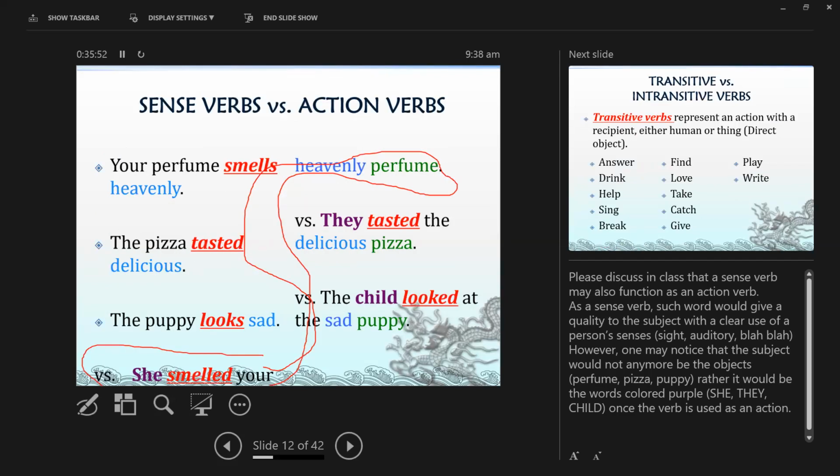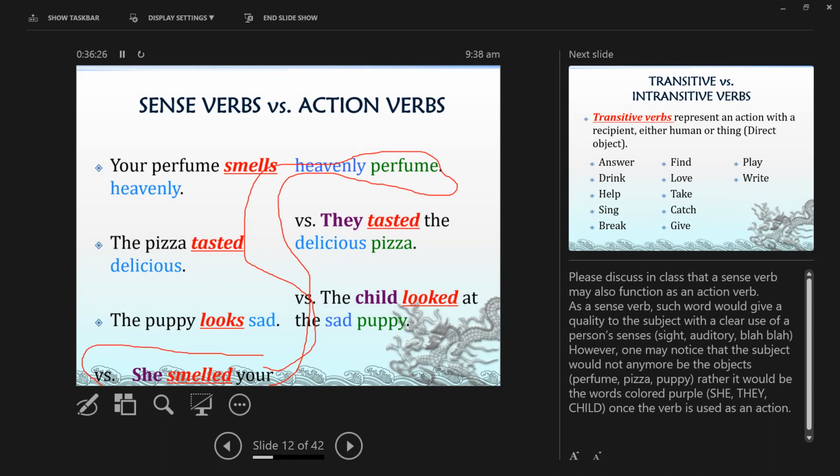My neighbor's party. Our neighbors were having a party and the music sounds really loud. Okay? The music sounds really loud. Okay? So as an action word, you can't really use the word sound as an action word, right?